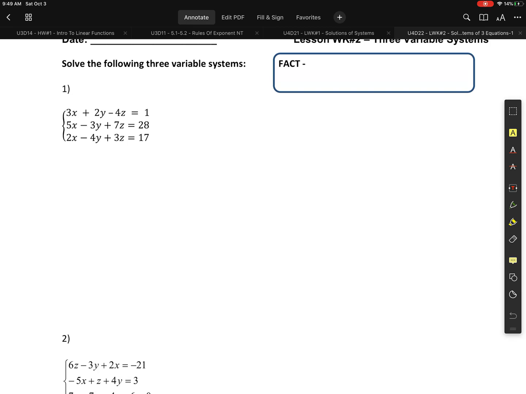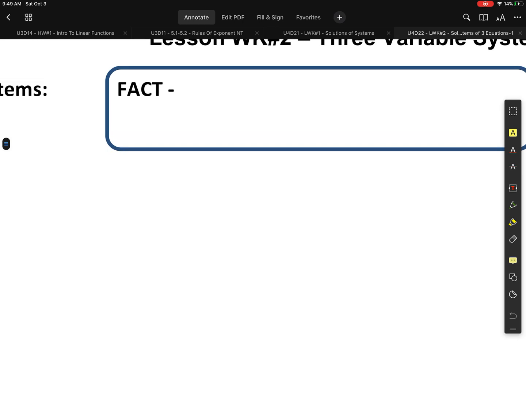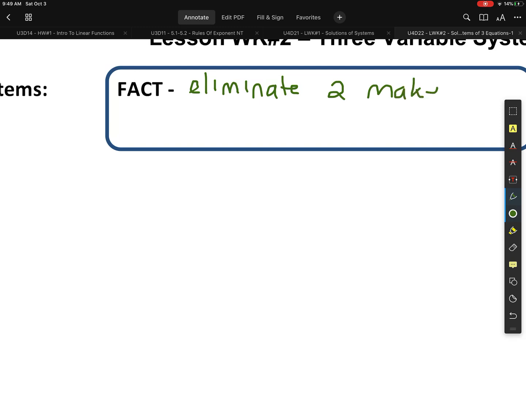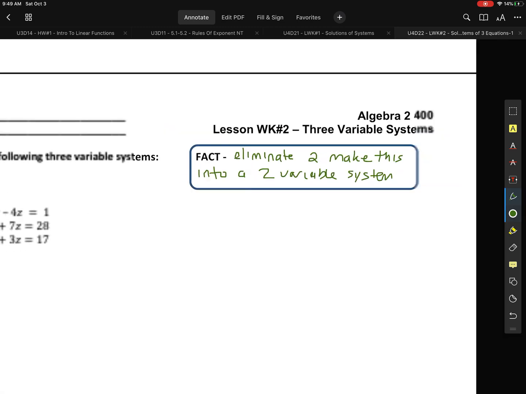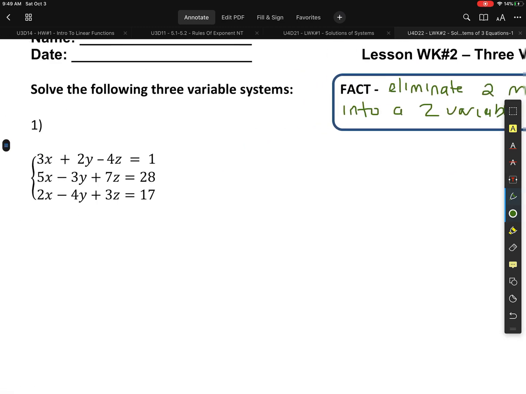So the goal is to eliminate, to make this into a 2-variable system.